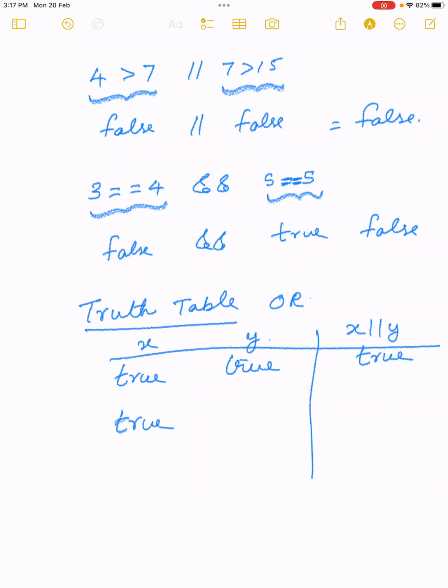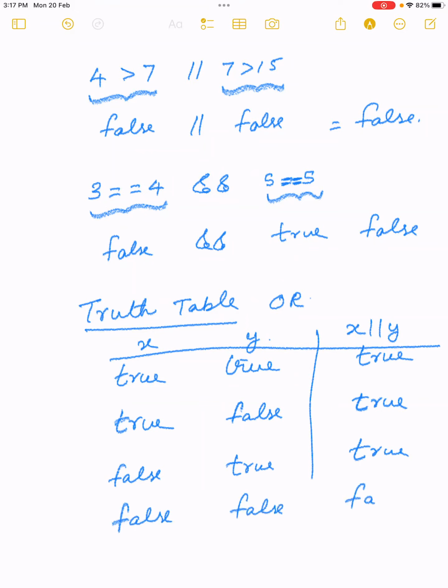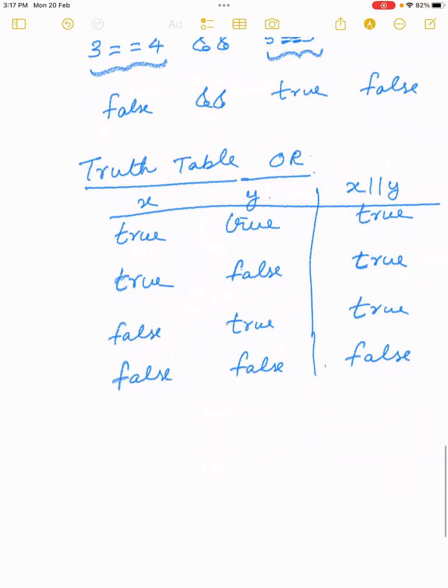If one is true and the other is false, you again get true. If X is false and Y is true, you also get true. If both of them are false, you get false. This is the truth table for the OR operator.